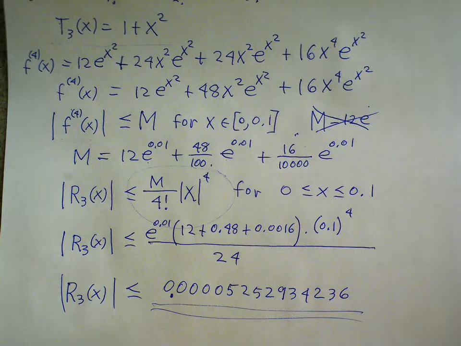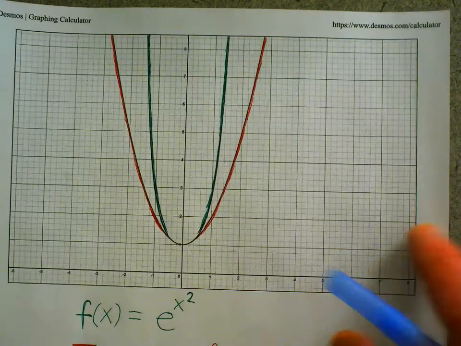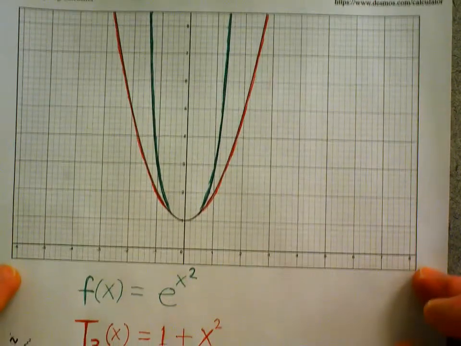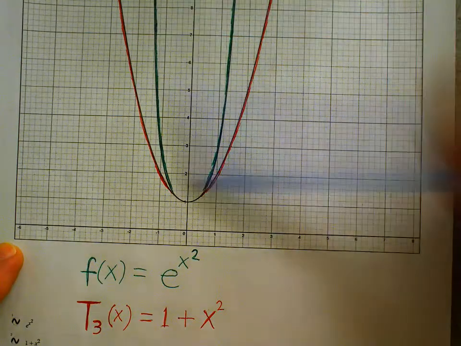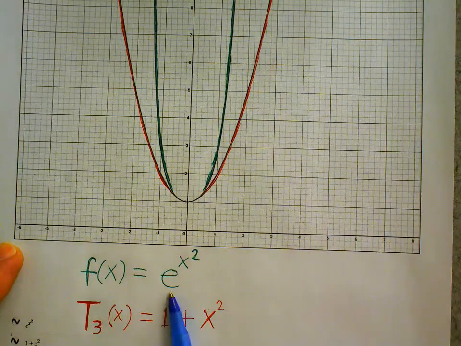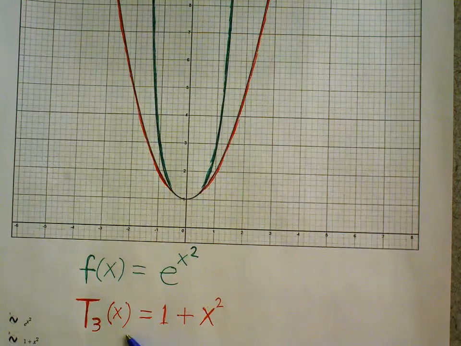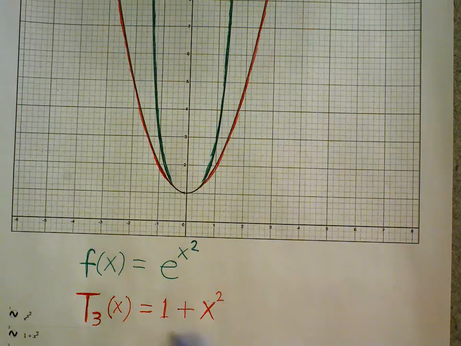Here's a picture of that. In this one, the green graph is f of x equals e to the x squared. And the red graph is the third degree Taylor polynomial, 1 plus x squared, which is just a parabola, of course.